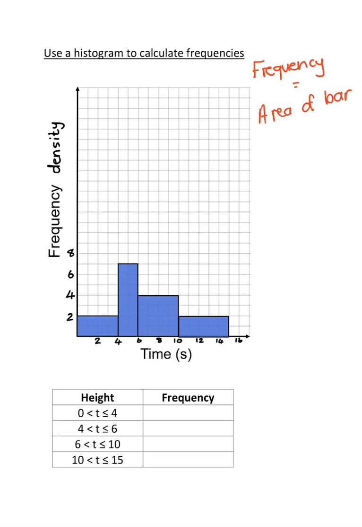So if I ask you to find the area of this bar, you would just go, it's 4 units across and it's 2 units up. So length times width is 4 times 2, which is 8. So the frequency from 0 to 4 is just 8.